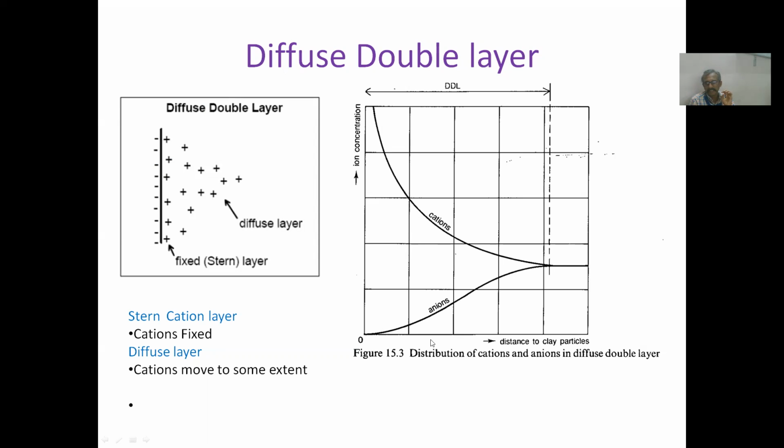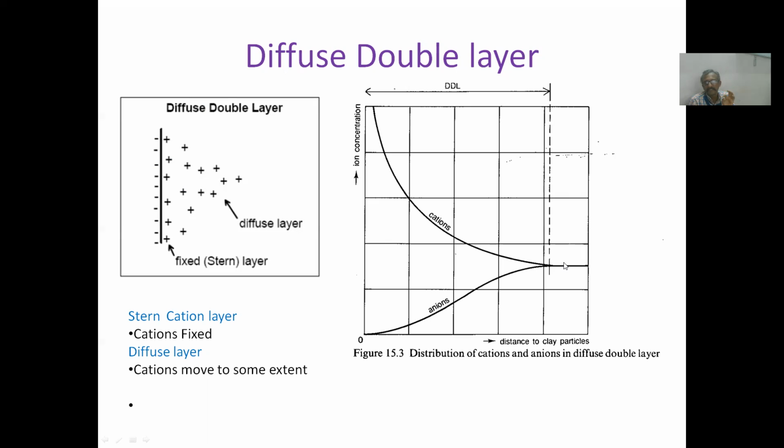Near the clay particle, you will have more cations and very few, almost nil, anions. As distance increases, both increase and both will join together. After that, you can say it's free water.